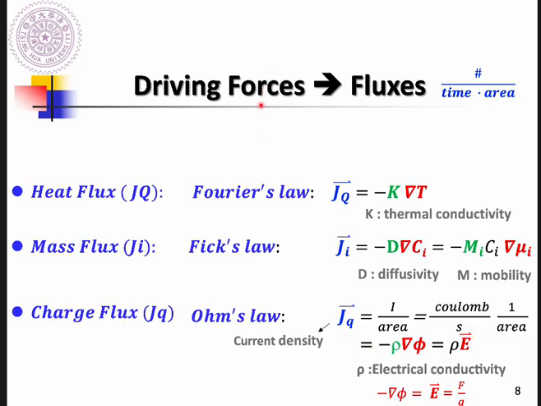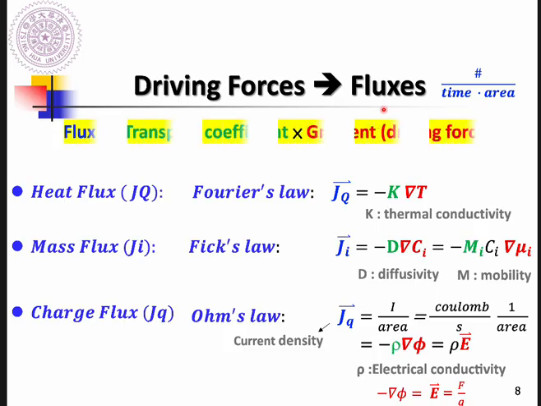So for kinetics, when something is passing through, which means we have some flux passing through your materials, there definitely exists some driving force to drive this flux. Don't forget that a flux equals its driving force times the transport coefficient.